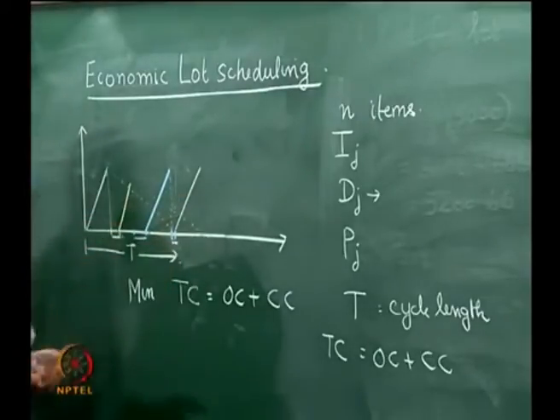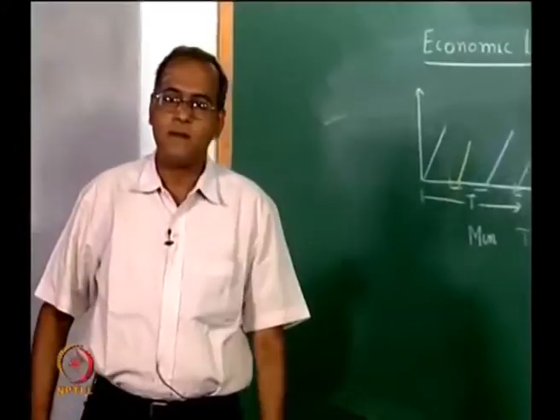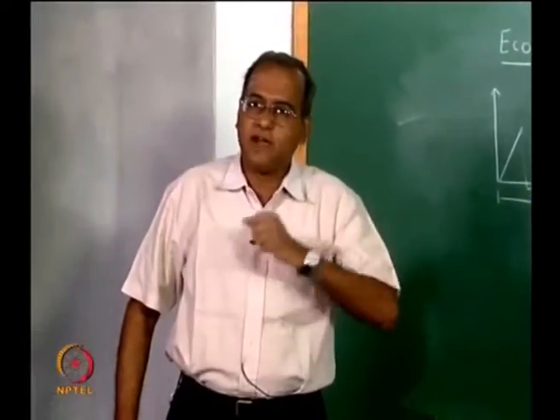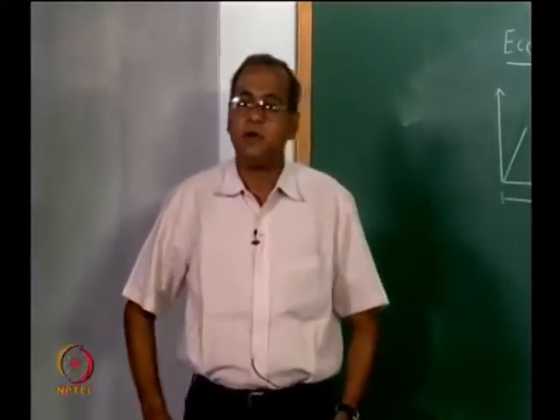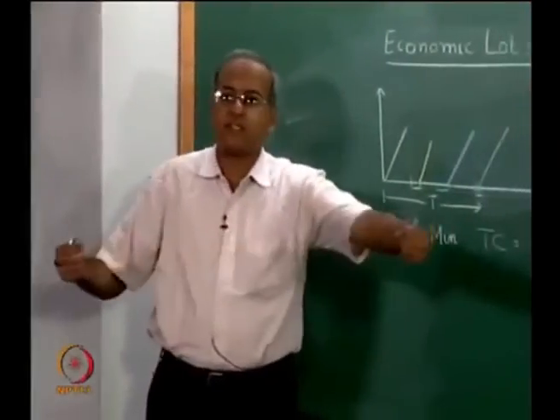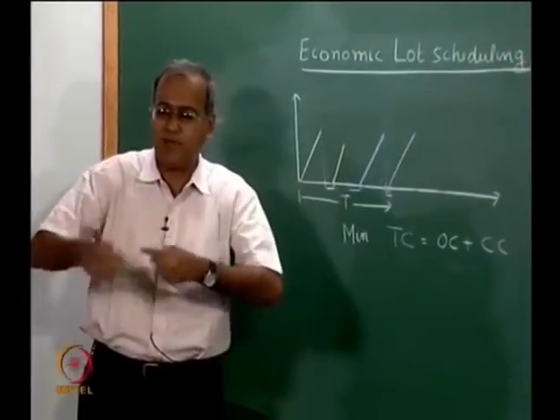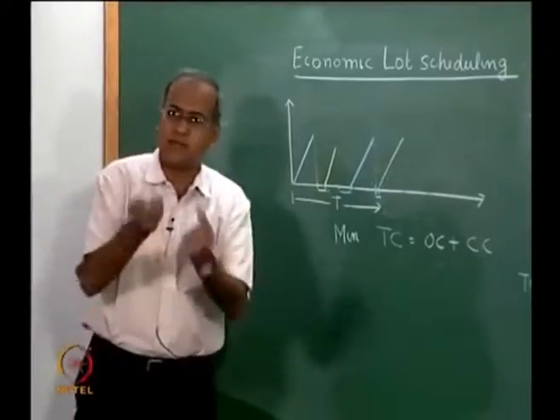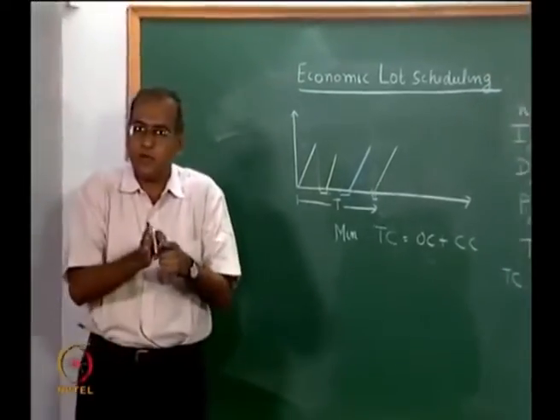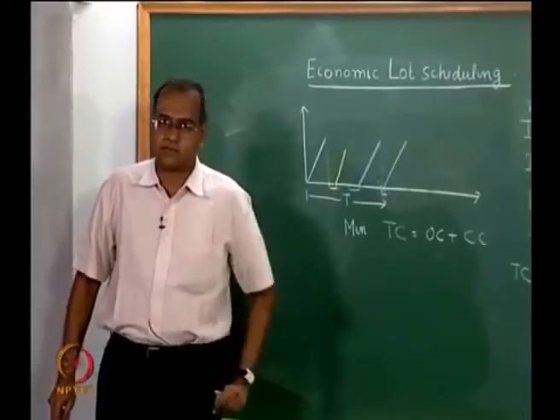The modification here is, if I have a certain amount of inventory, my initial inventory is also going to help me in some way to stretch the T, the cycle. It will help me in defining the cycle, and in some sense I would like to have longer cycles.